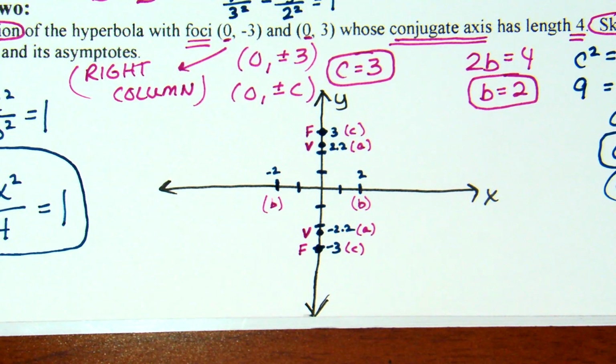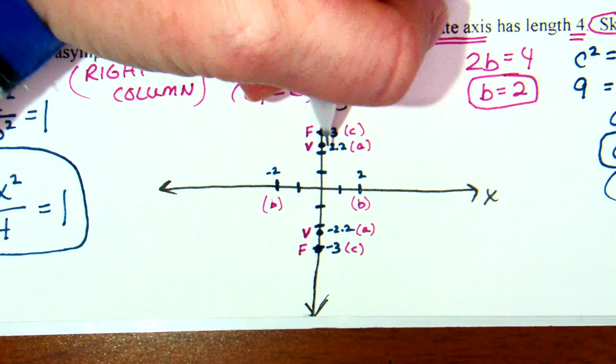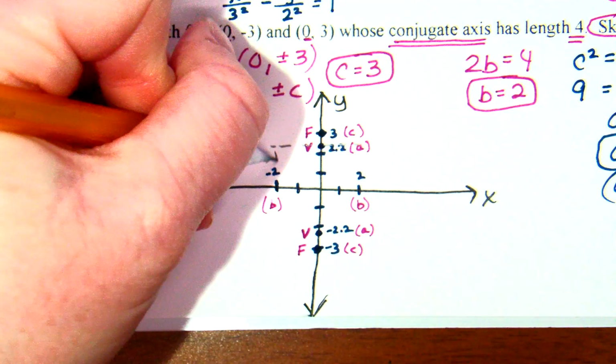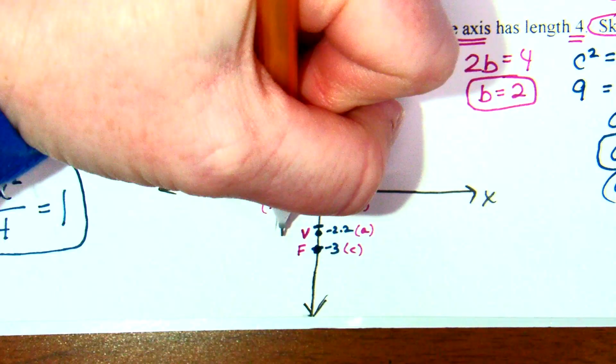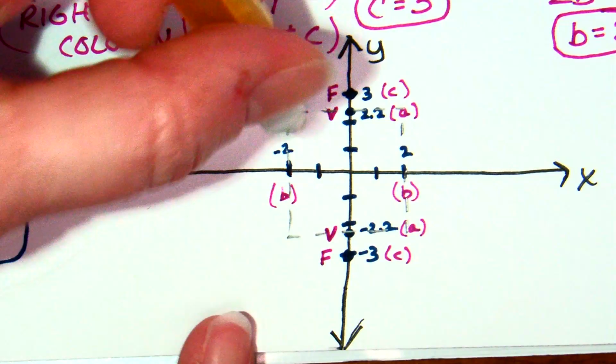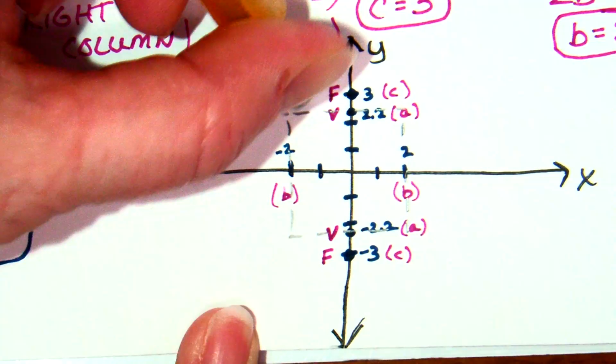So, what I'm going to do is through my A values, so through my vertices, and through my B values, I'm going to draw vertical and horizontal lines that create a box. Now, I really hope this is showing up for virtual. I'm trying to zoom. Okay, so what I did, I just did it in pencil. Maybe I should have done it in ink pen.